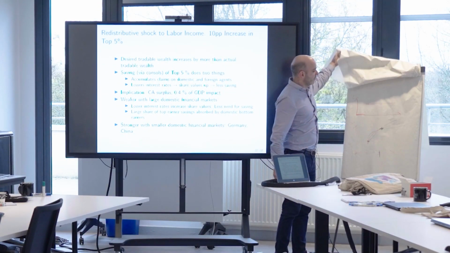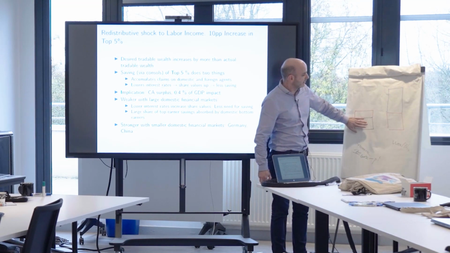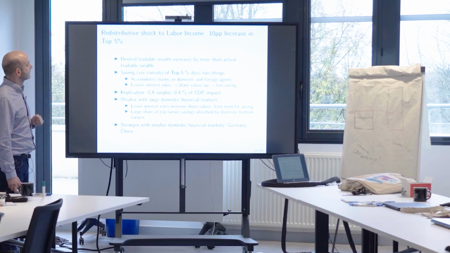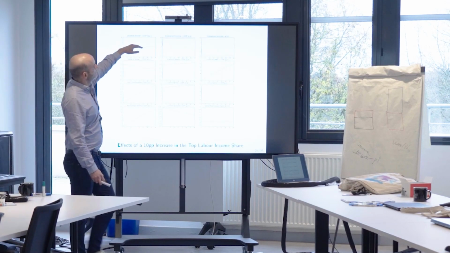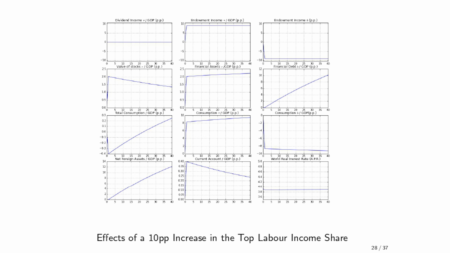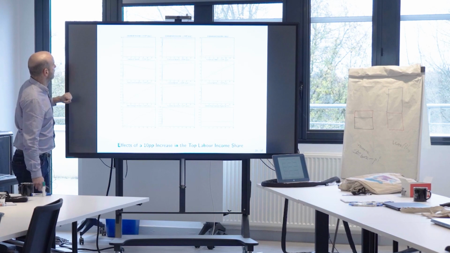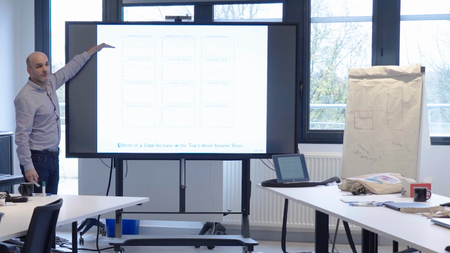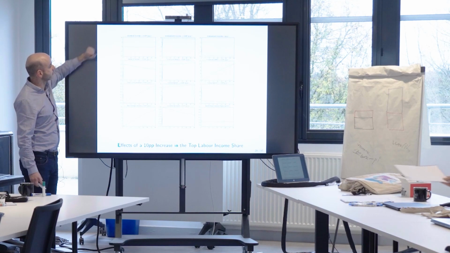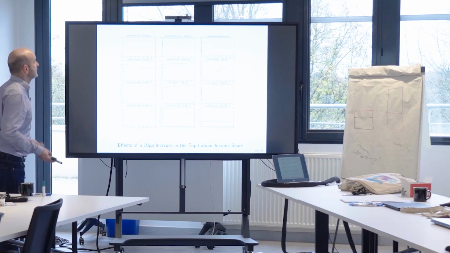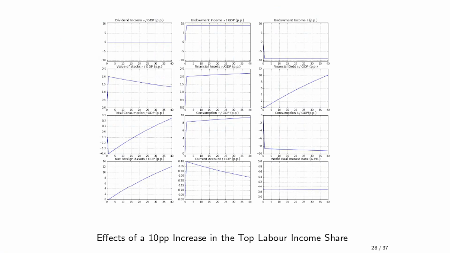So the effect of the labor income shock, I'm going to increase labor income of the top earners by 10%. So this is top earners. I increase the labor income and I decrease the labor income of bottom earners. It's very small. But the share of tradable income stays the same, doesn't move. Now, the result is that my top earners feel richer, they have higher income, so they want to save.